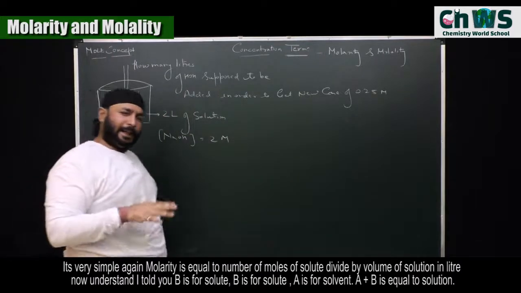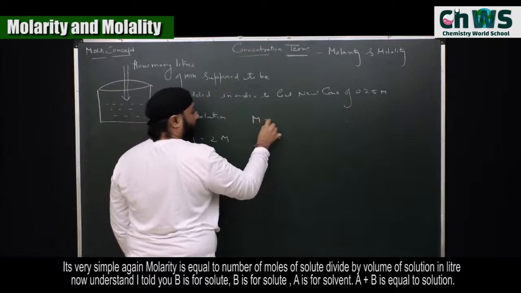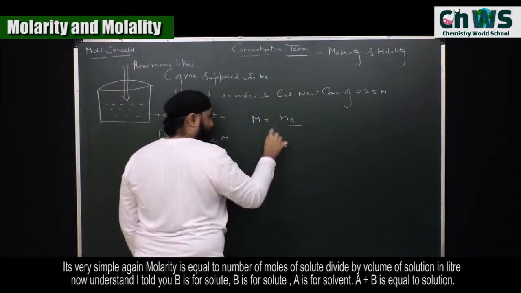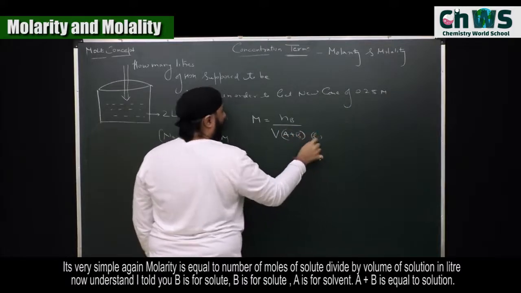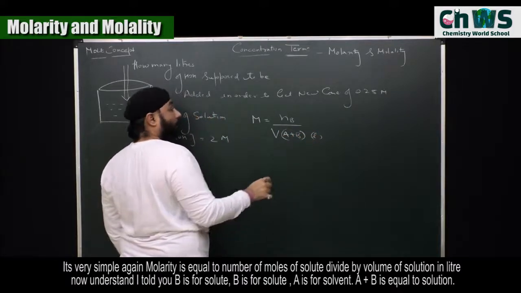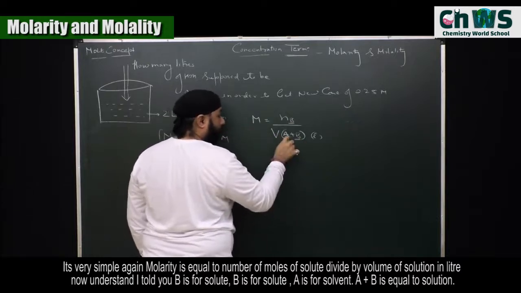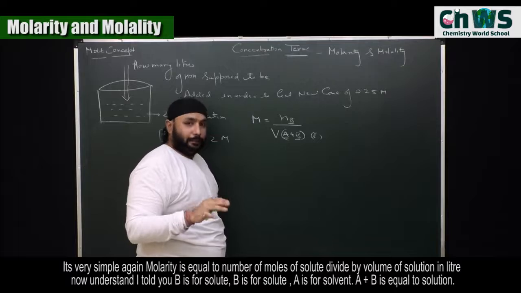Now it's very simple again. Molarity is equal to number of moles of solute divided by volume of solution in liters. Understand that I just told you B is for solute, A is for solvent, then A plus B becomes equal to solution.